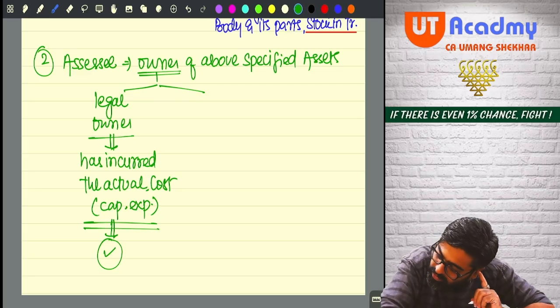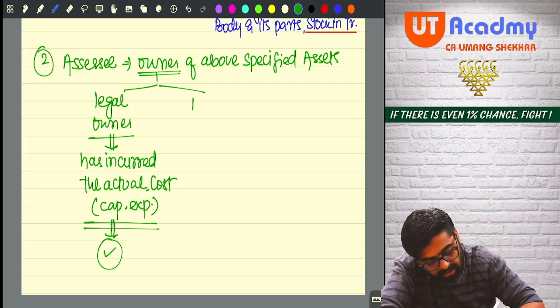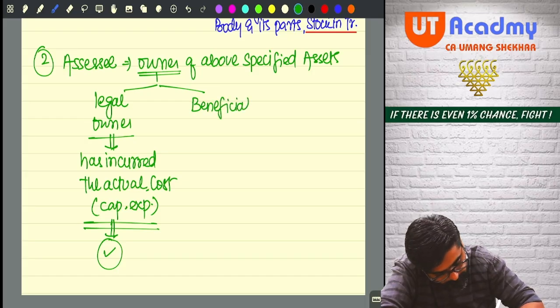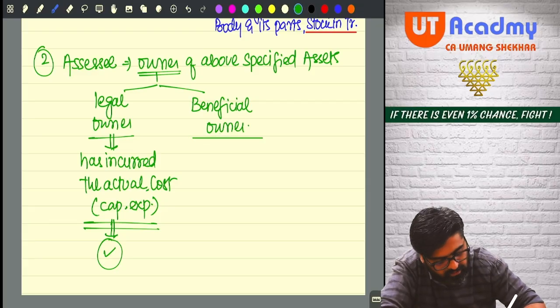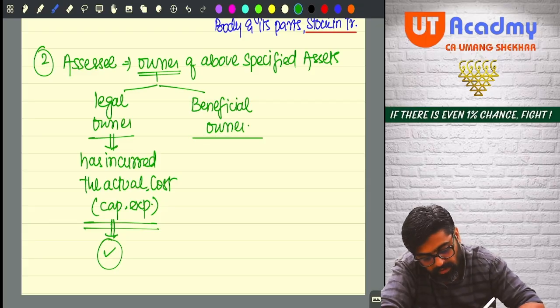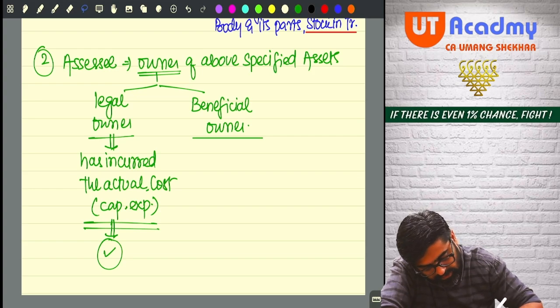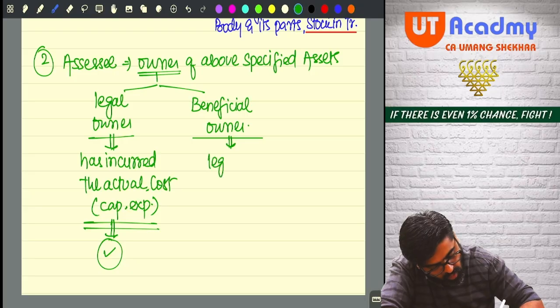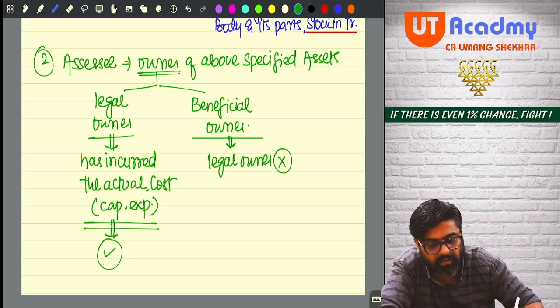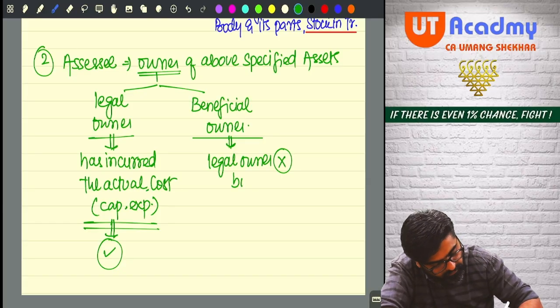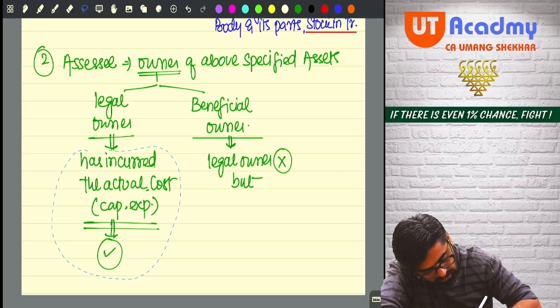But sometimes you are the owner of the asset, legal owner. Sometimes you will be made the beneficial owner. What type of owner? Beneficial owner of the asset. See, beneficial owner of the asset is a person who is not the legal owner of the asset yet, but this poor fellow has only incurred the cost.